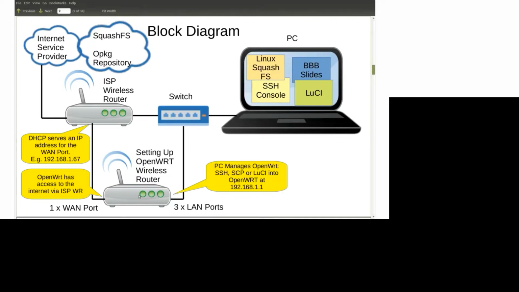Once I've SSH'd into the router, I've got 3 LAN ports, but the fourth LAN I can make a WAN port, and that will go into my ISP provided router, and then I get out onto the internet. So once I get in there, I can do a ping 8.8.8.8, and I'm getting it back from the service provider via this path here.